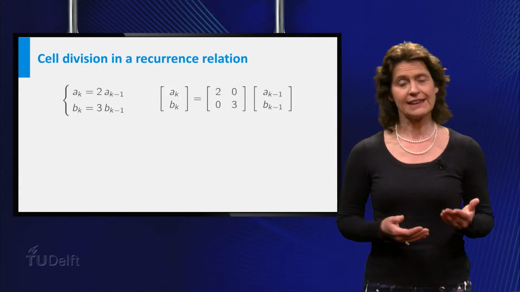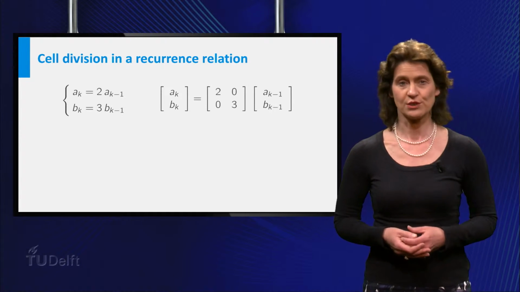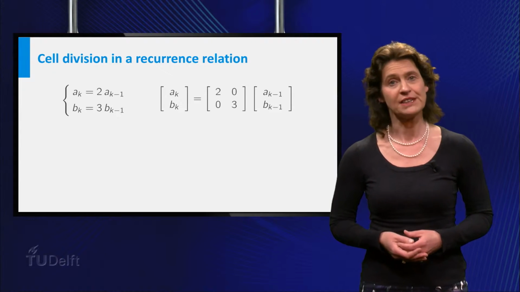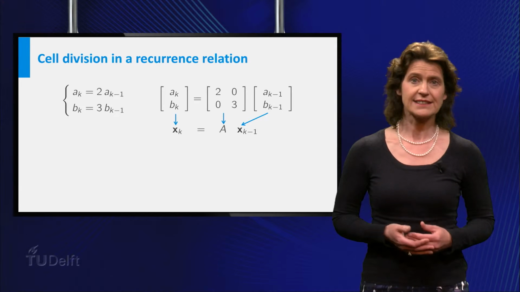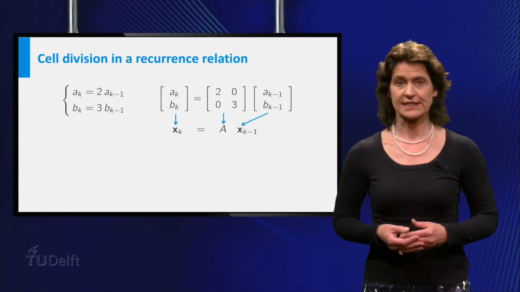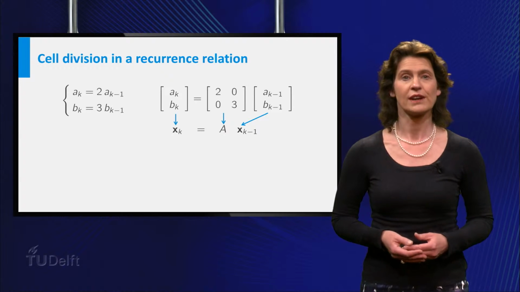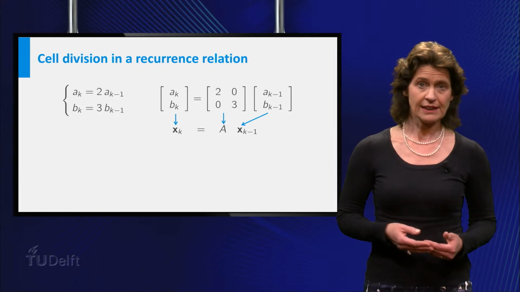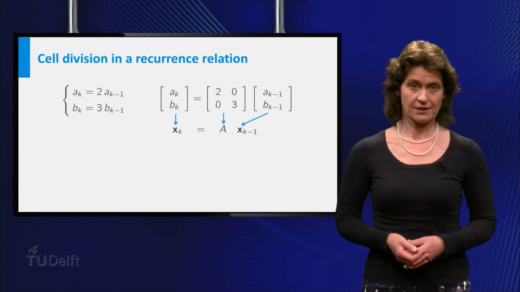The vector (A_k, B_k) is equal to the matrix [2, 0; 0, 3] times the vector (A_{k-1}, B_{k-1}). Or, even shorter, x_k is equal to the matrix A multiplied by the vector x_{k-1}, where the vector x_k has components A_k and B_k, and you can see that A is a diagonal matrix.